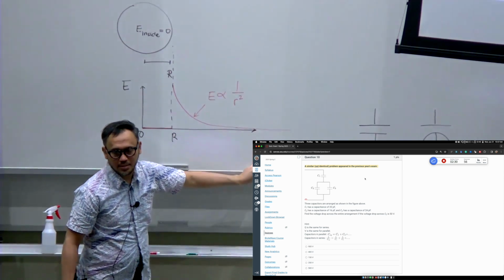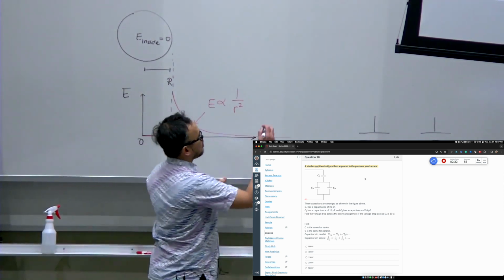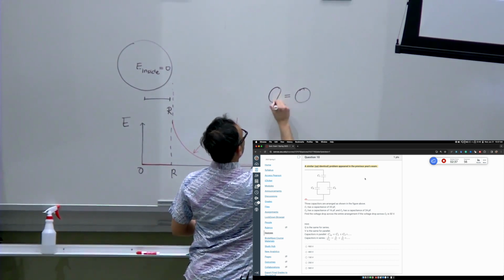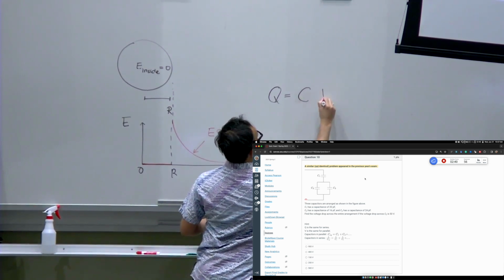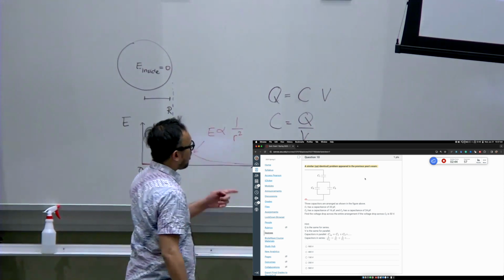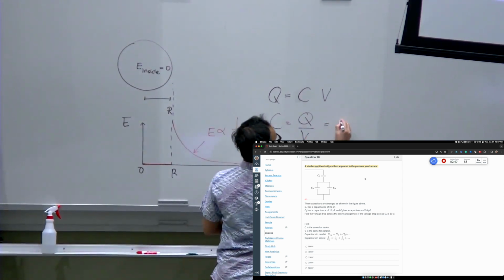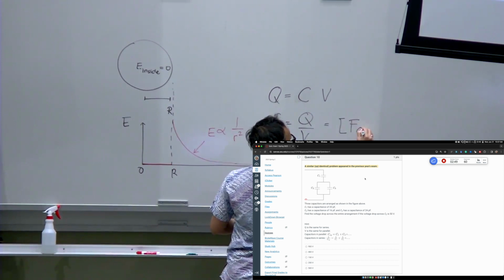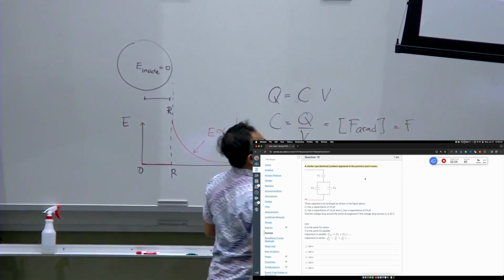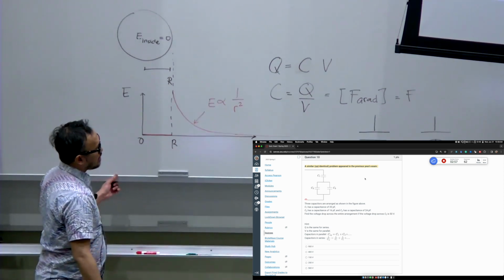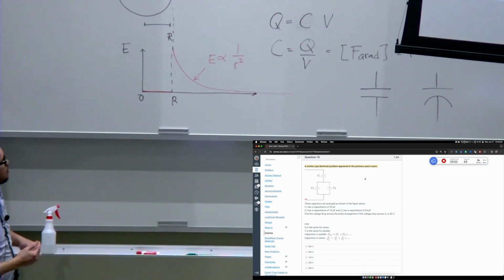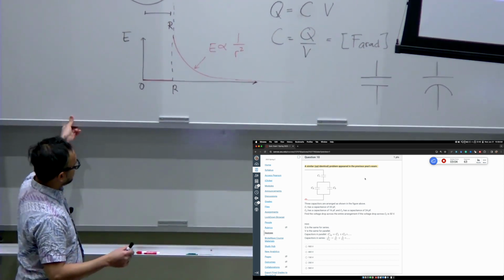What is the unit of capacitance? Farad, yes. So C is equal to Q divided by V, or Q equals C times V. So coulomb per volt, or farad, or F. And the farad is very big, so typical capacitors are picofarad or microfarad, not farad.